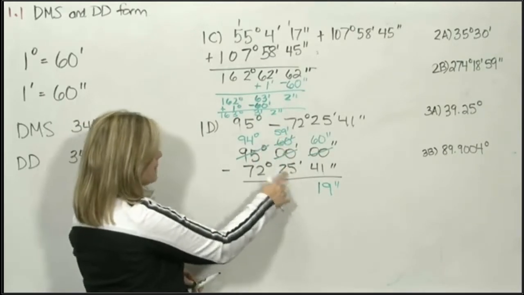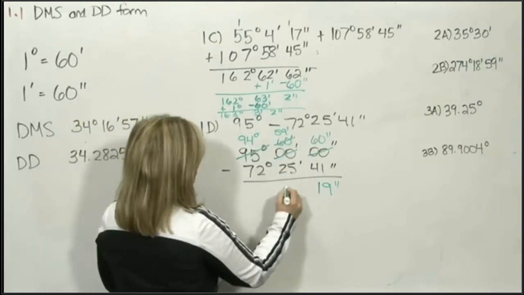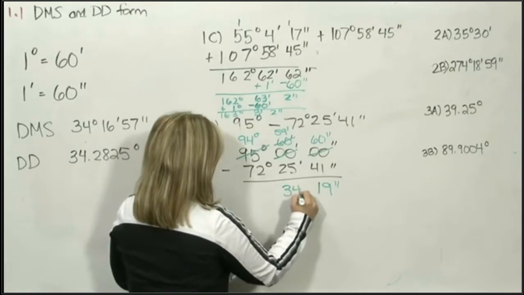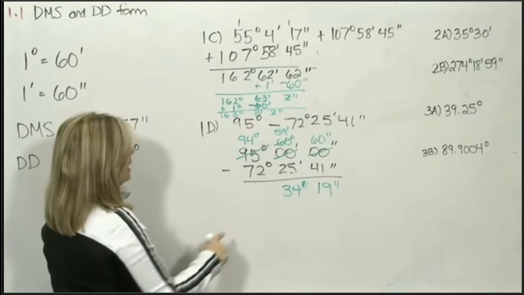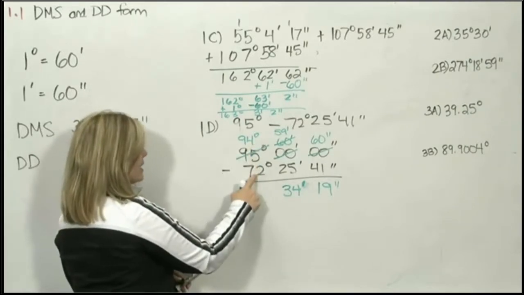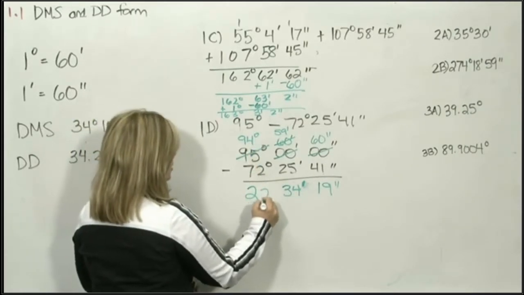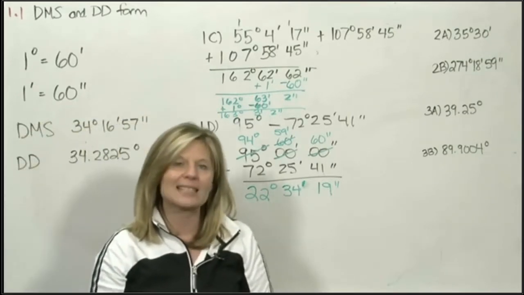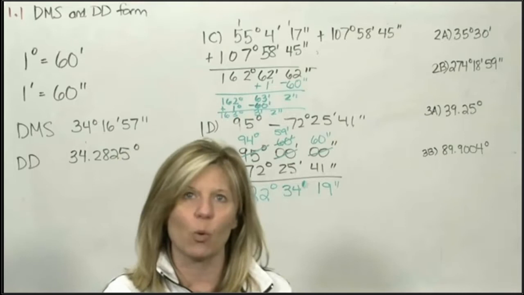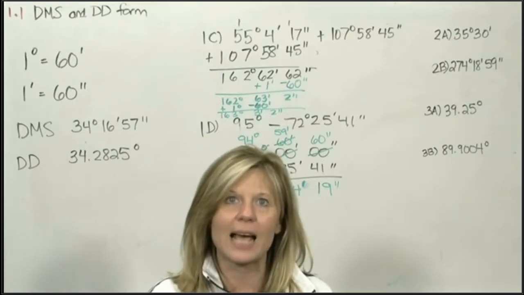I apologize, I misspoke the first time. 59 minutes minus 25 minutes would be 34 minutes. Okay? 94 degrees minus 72 degrees would be 22 degrees. So I can add and subtract angles in DMS form on paper without a calculator.